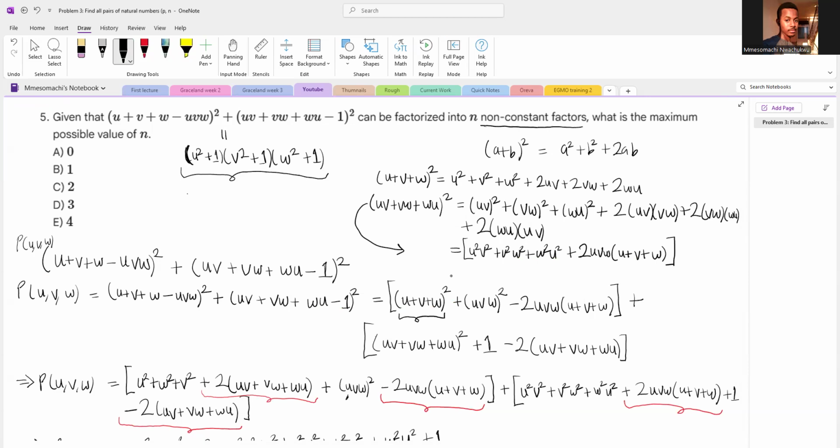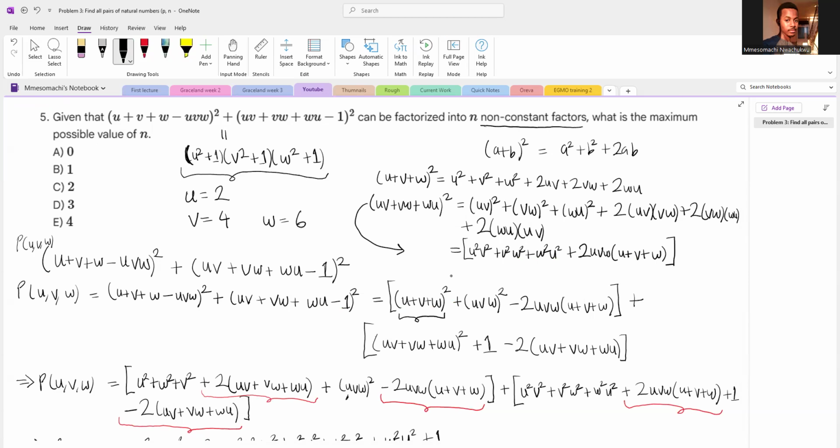Okay, so for instance, we can set U equals 2, and V equals 4, and we can set W to be equal to 6.